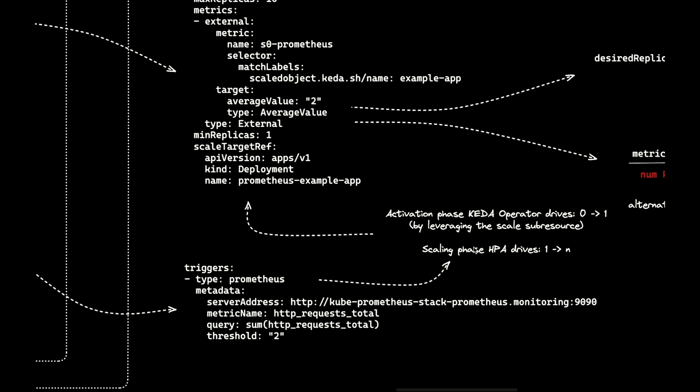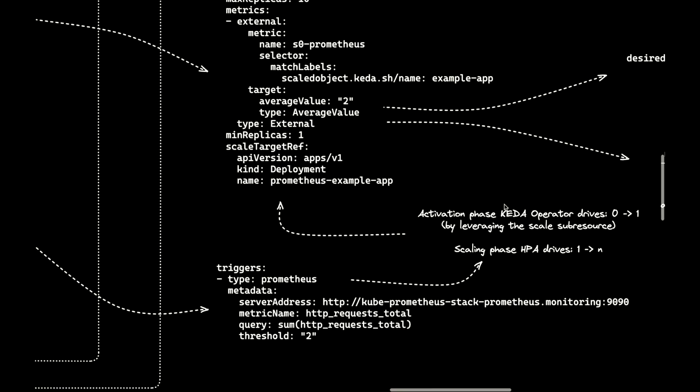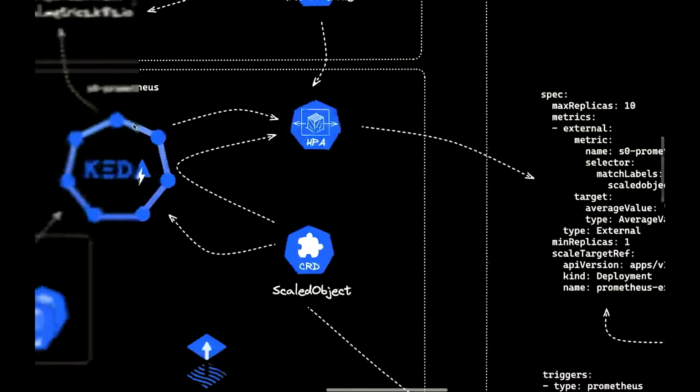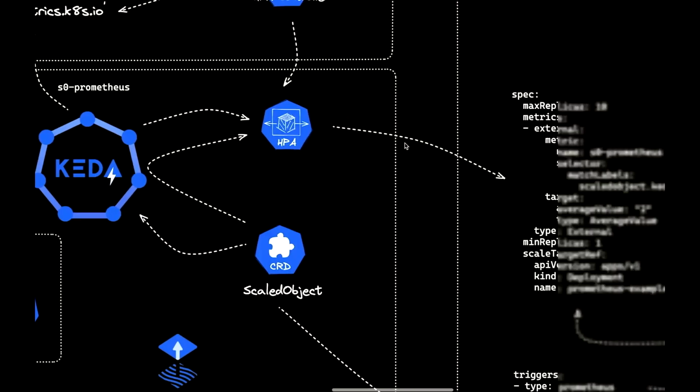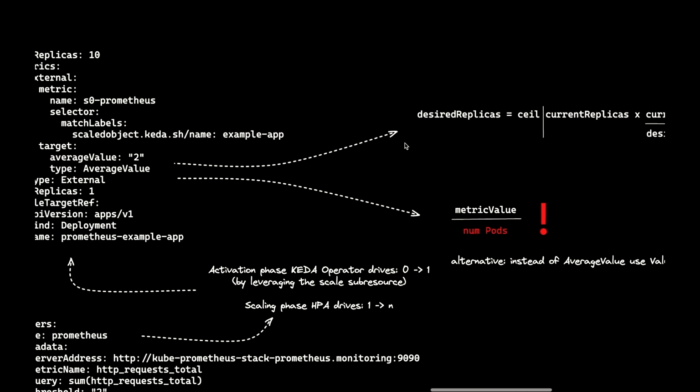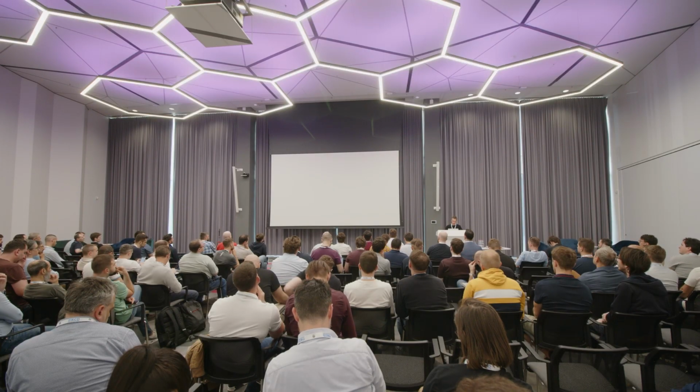After that, from 1 to n and back, the logic of how the number of pods in my case is scaled is left to the horizontal pod autoscaler and to the HPA resource that we see represented here by the icon. So let's see a little bit how the actual HPA resource is translated.